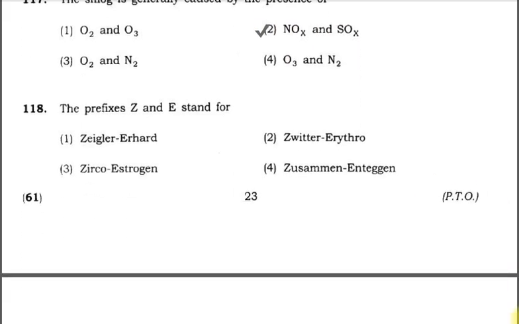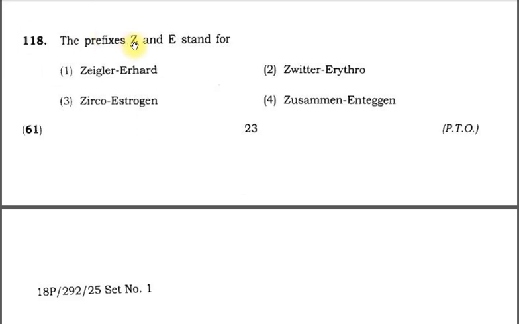Number 118. The prefixes Z and E stand for: number 1 Ziegler-Ehrhardt, number 2 Zitter-Erythro, number 3 Zirco-estrogen, number 4 Zuckerman antigen. The correct answer is number 4.